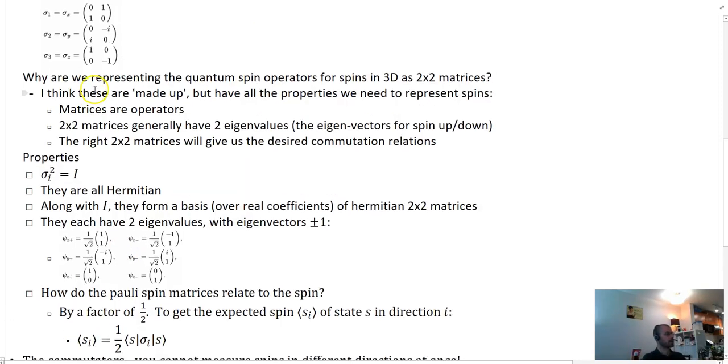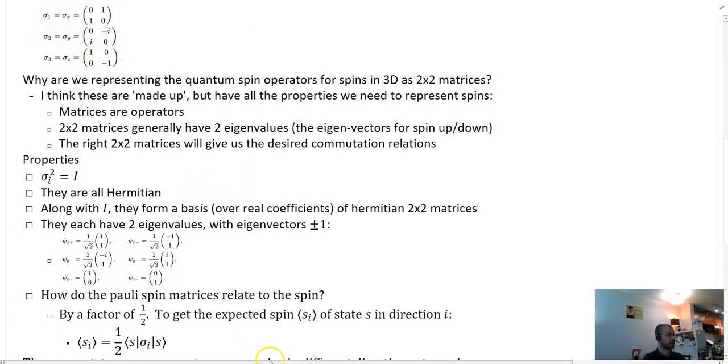And how do these Pauli spin matrices actually relate to the spin? Well, basically by a factor of 1/2. If you take this, multiply it by 1/2, you've got the spin matrix, right? So these are cleaned up versions of the spin matrices. To get the expected spin, you want to do the average over all the eigenstates, and so that actually looks like this expected value.